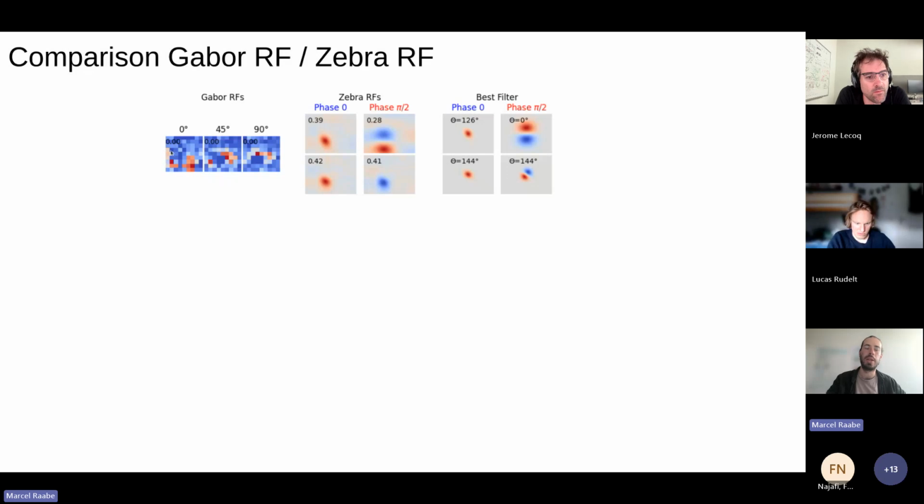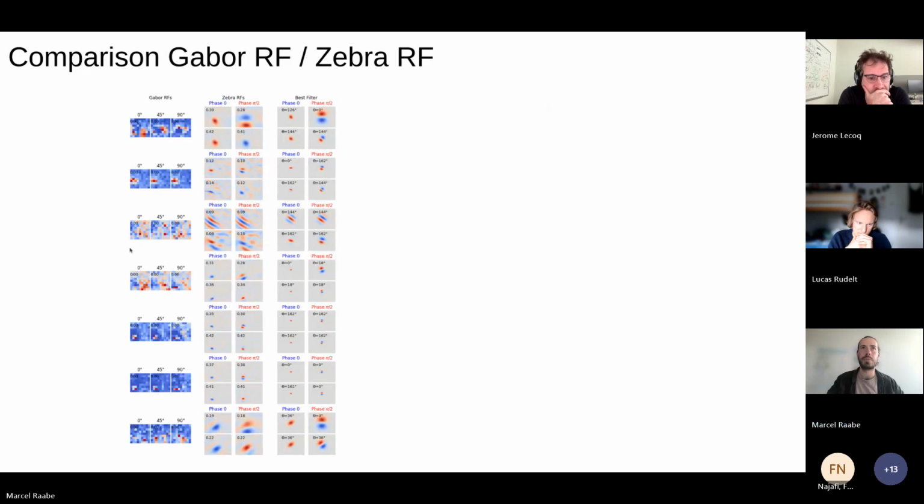Don't be confused, the real p-values are not 0, they are rounded to 0.00. What I can do now is select the most significant Gabor receptive fields, and I draw for the same units the zebra receptive fields, and this is shown in this figure here.